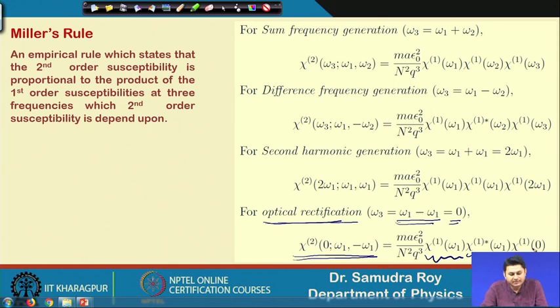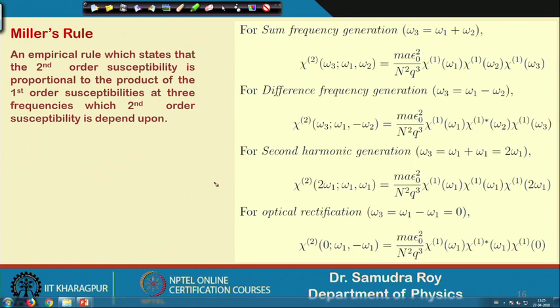So, you can see that Miller's rule suggests that if you know the first order susceptibility at some frequencies, then by combining these frequencies we can generate the second order susceptibility, and you just need to multiply by some constant multiplier. With this note I would like to conclude.